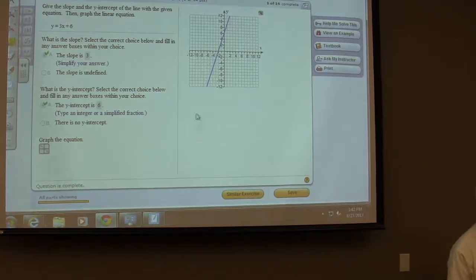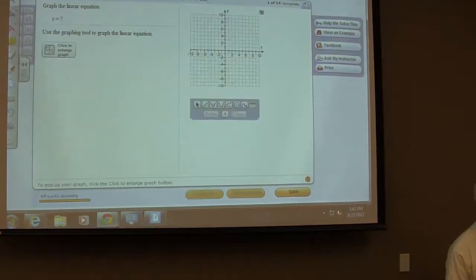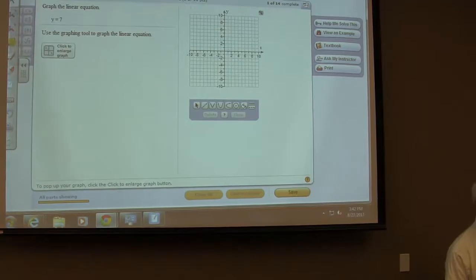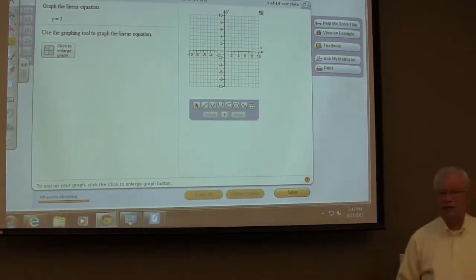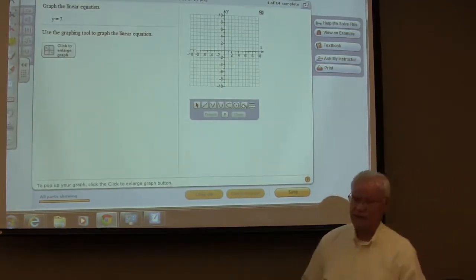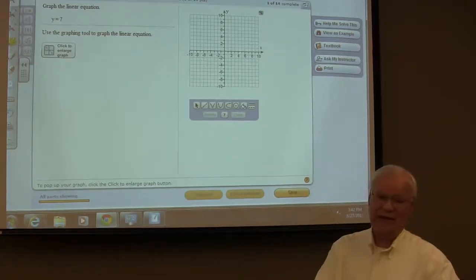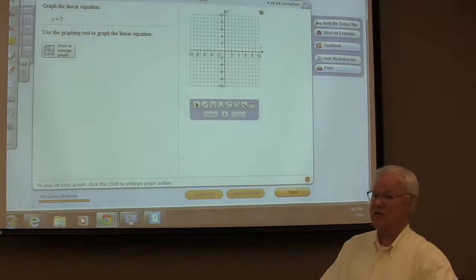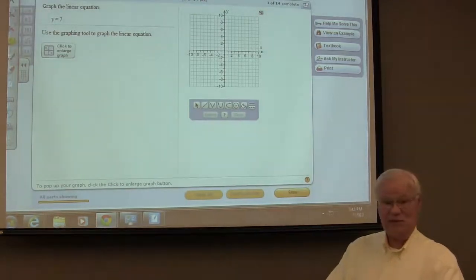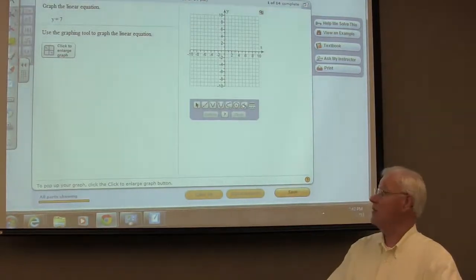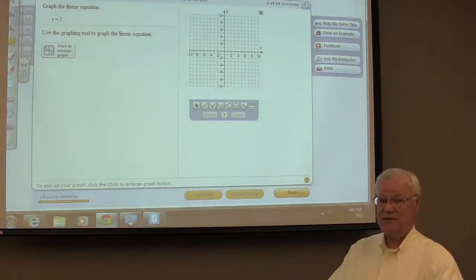Let's take a look at another example. What about this one? y equals 7. When students see this, they're often confused because it looks too simple. Well, there are a couple of ways to look at it. That's still in the y equals mx plus b form, but the 7 is b, the y-intercept. What happened to the mx?